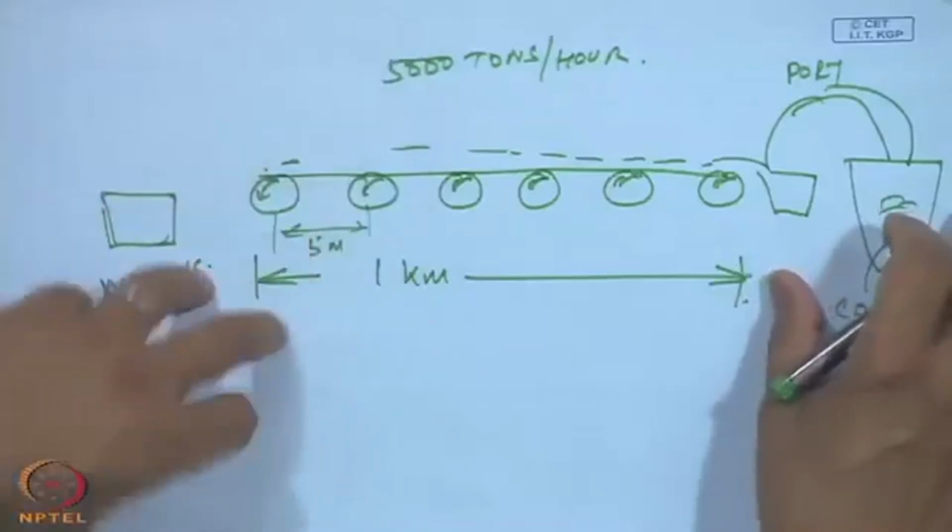And in such a system, if a crack occurs in a pulley, the conveyor is not going to work. Now, the question is, a designer would have done a good design to ensure that the conveyor system does not fail, but there have been instances.